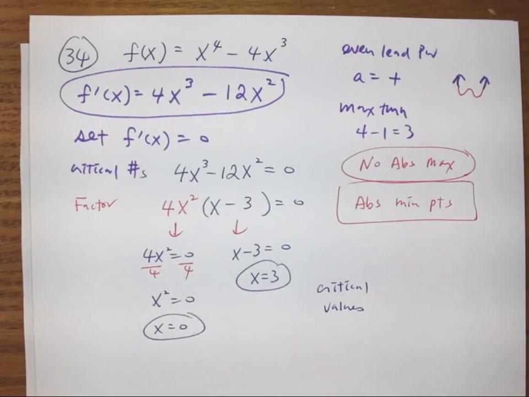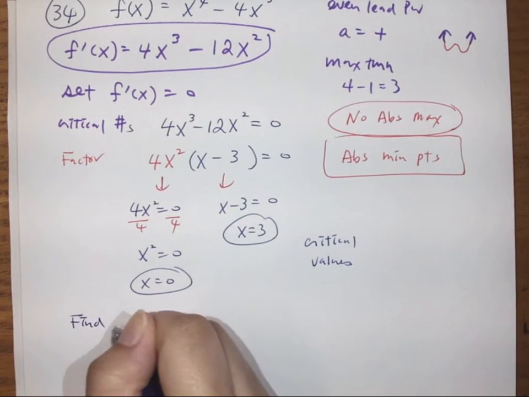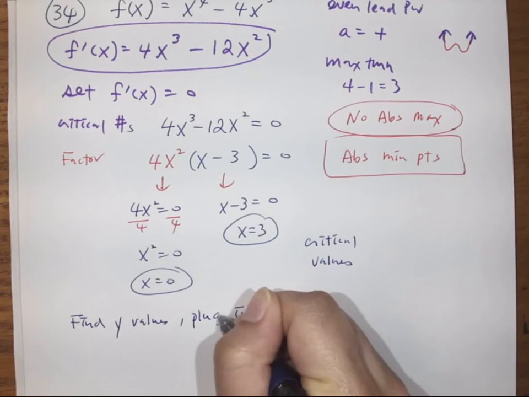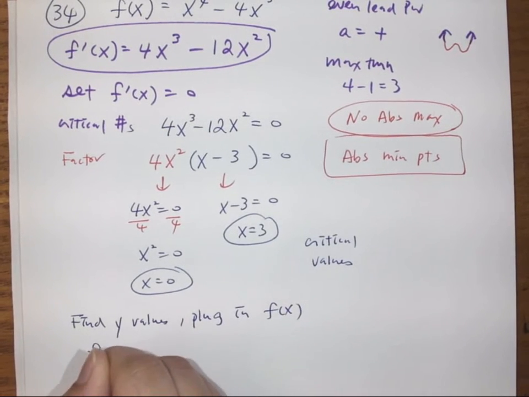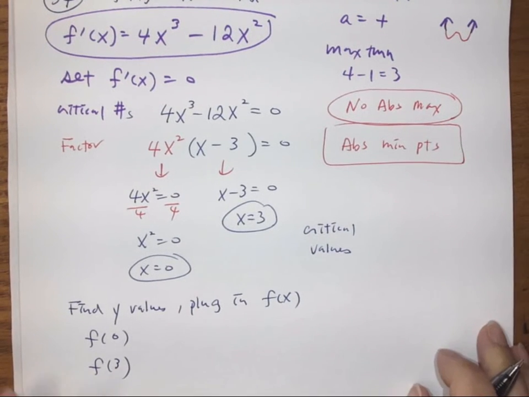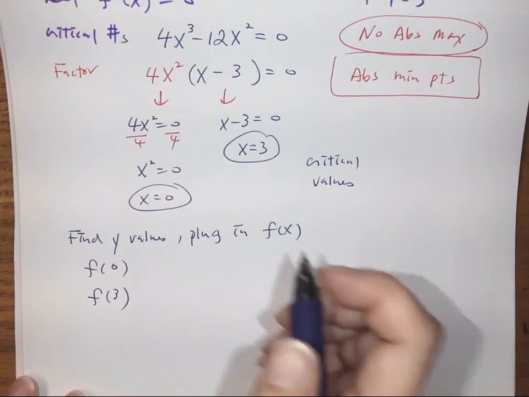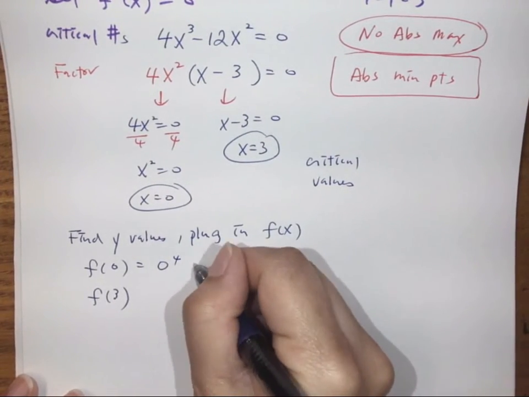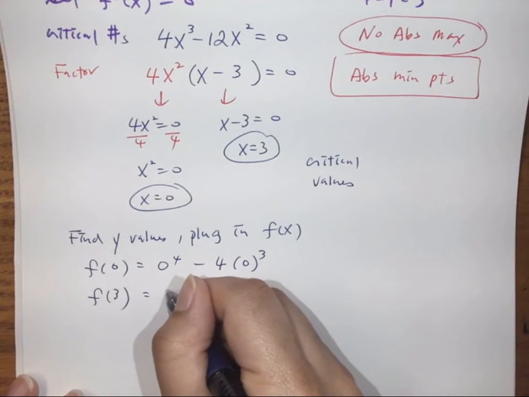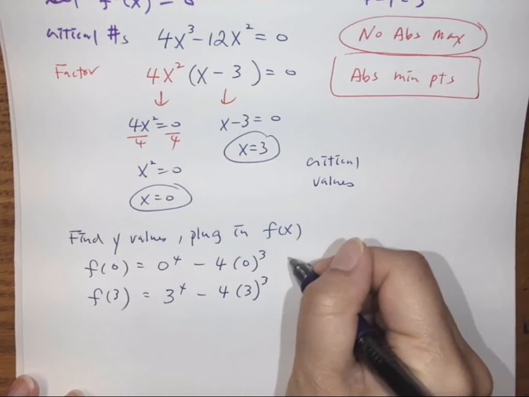If I need to find the y value, we need to do what? Plug in where? f of x, so f of 0, f of 3. So for f of 0, we need to go back to the original function. We have 0 to the 4th power minus 4 times 0 to the 3rd power. And then 3 to the 4th power minus 4 times 3 to the 3rd power.